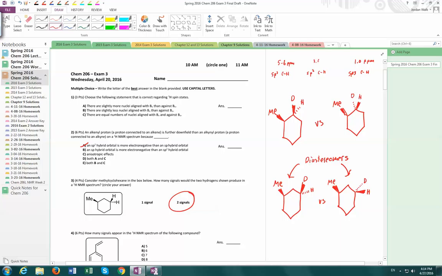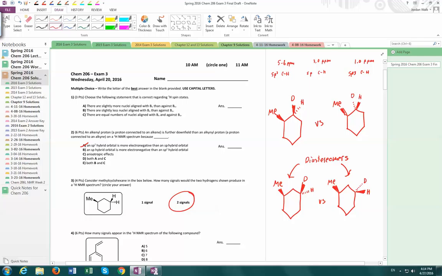It's around 3. Even though we have more electronegativity from those carbons, what we find is that we don't see these further downfield. They're actually further upfield, around 3.